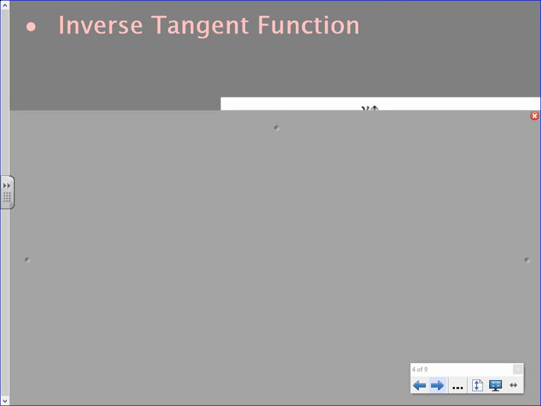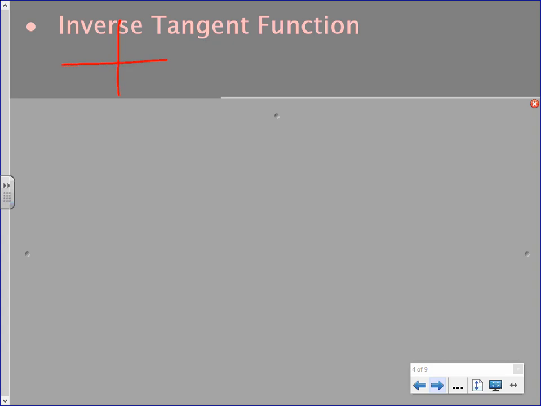Okay, last but not least, let's recall what the tangent function looks like. Okay, that's our tangent function, right? If we decide to reflect about y equals x, this is what's going to happen.